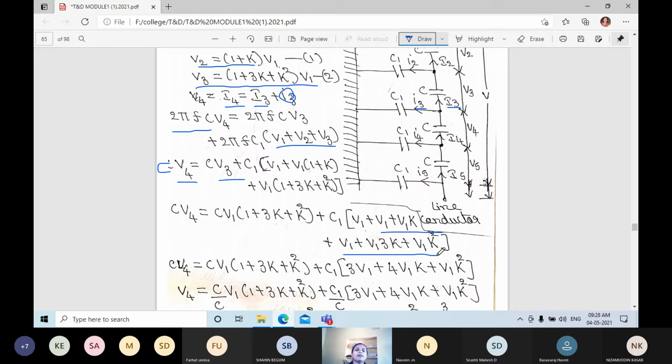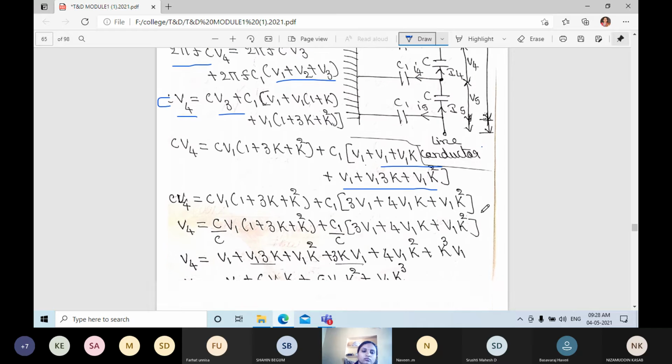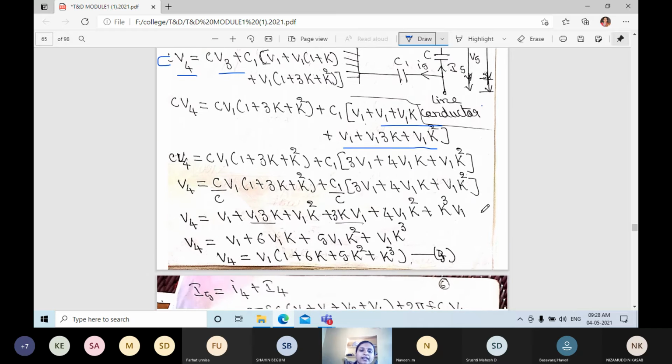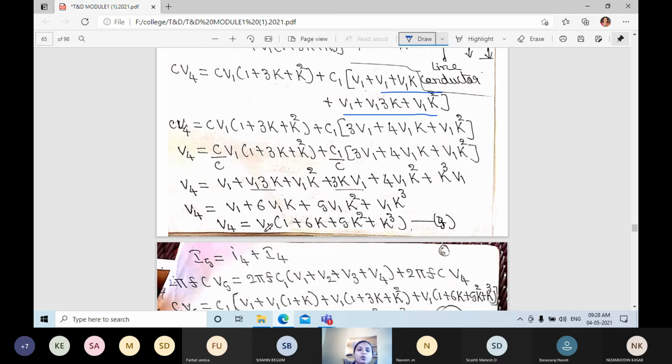Okay, step by step you need to solve. Next you'll get the V4 equation, that is V4 equals V1 into 1 plus 6K plus 5K square plus K cube. Okay, this is what you'll get for V4. You need to solve it, this is the assignment.